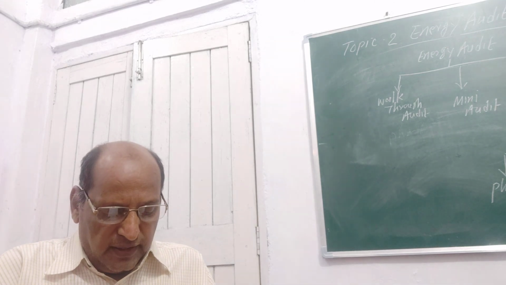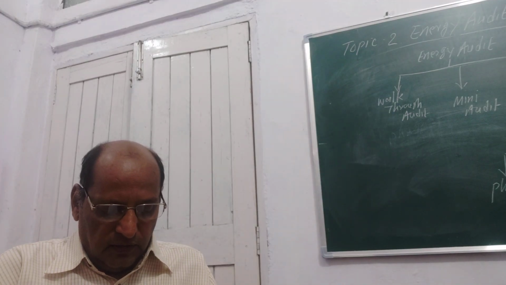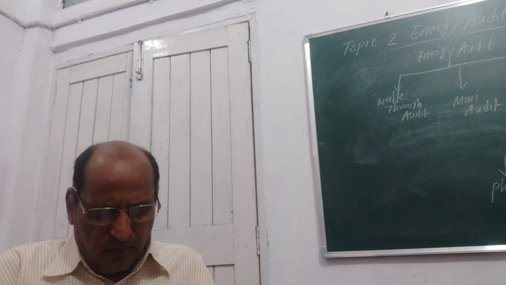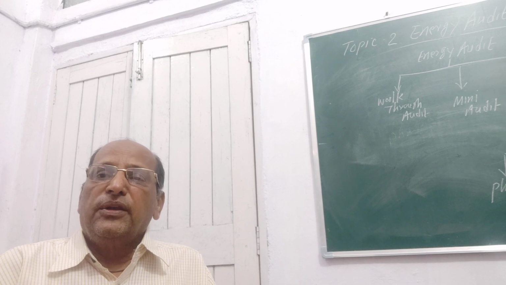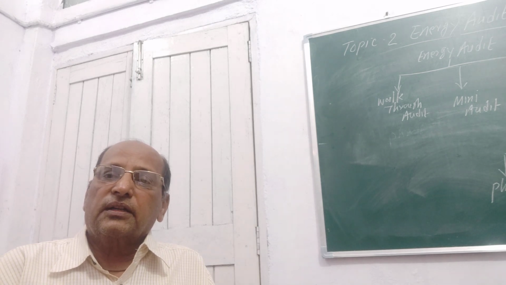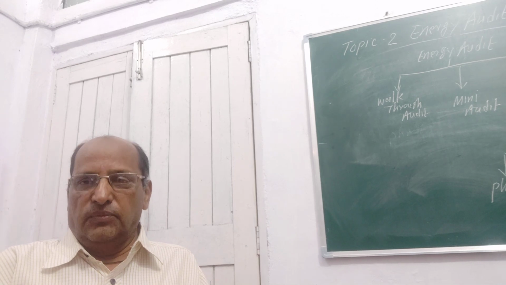Then we come to the next main aim of the visit for the pre-audit. There are simple points. First, finalize the energy audit team. How many persons you require for work in the energy audit, you have to identify the team.